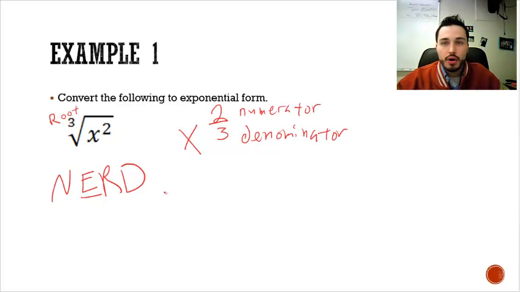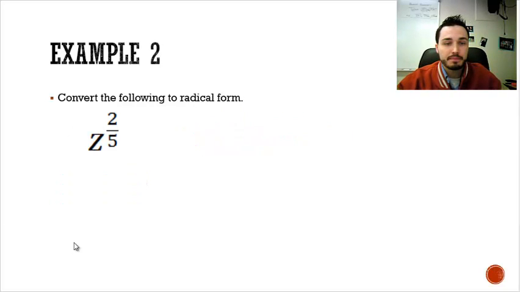So again, NERD was just something that they came up with to help realize that the numerator had the exponent and then the root went in the denominator. So maybe that will help you remember them.